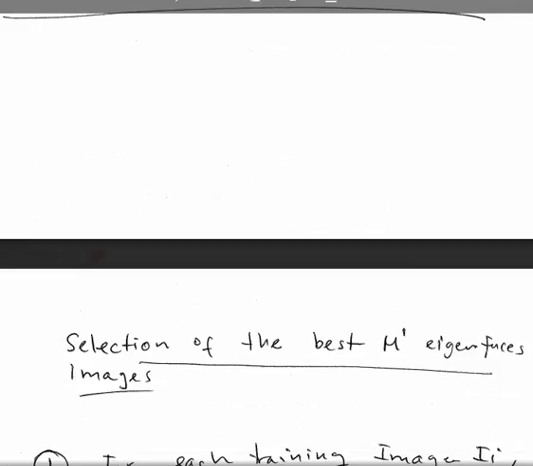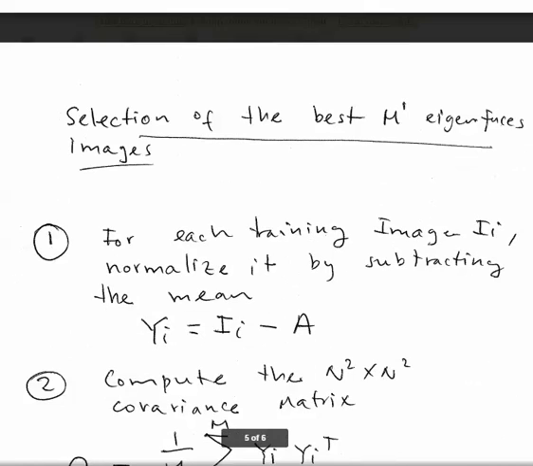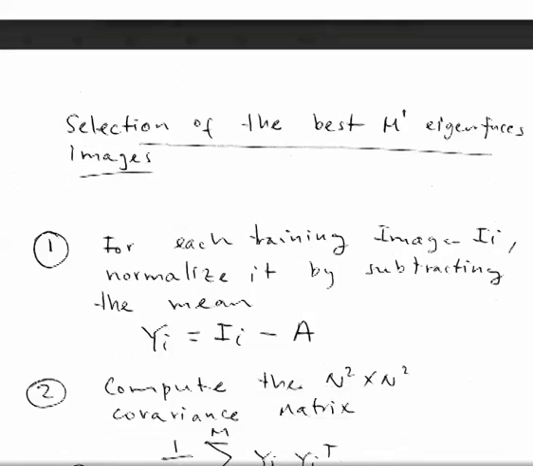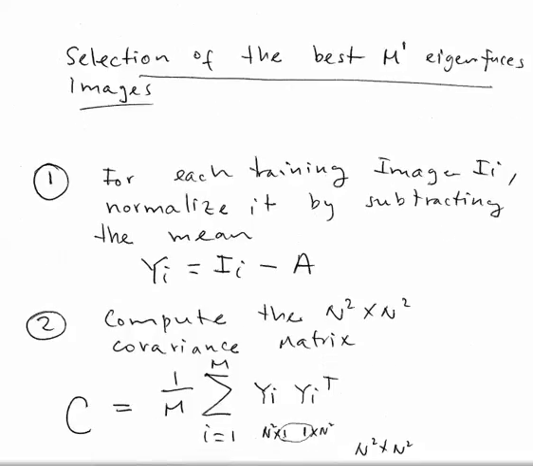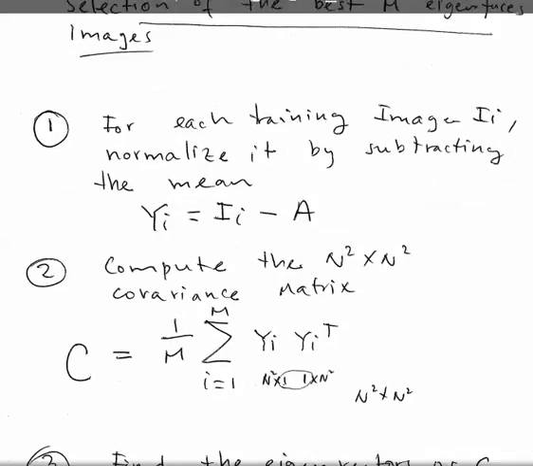Then I have another example here. Here is the selection of the eigenfaces. It says that for each training image, this will be the procedure for the selection. Again, for each image we subtract the average, and then from that we compute what we call the covariance.